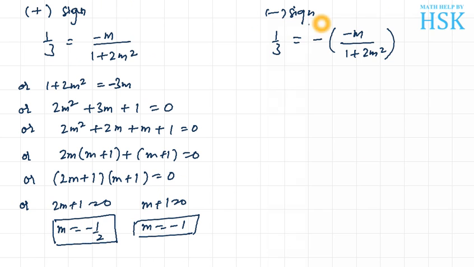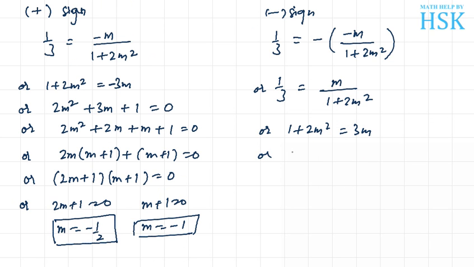Similarly, on taking the minus sign, I get 1 by 3 is equal to m upon 1 plus 2m square, or 1 plus 2m square is equal to 3m, or 2m square minus 3m plus 1 is equal to 0. Or 2m square minus 2m minus m plus 1 is equal to 0.